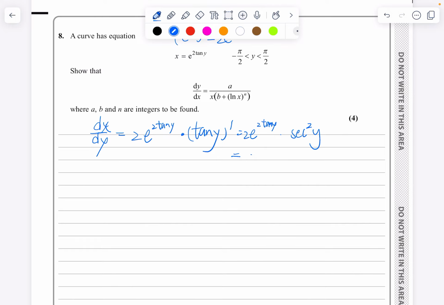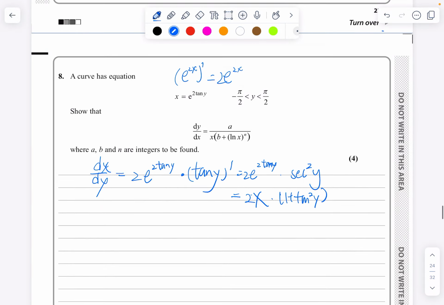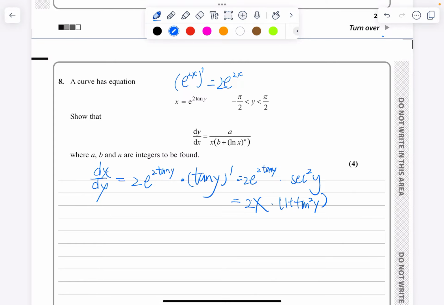Okay, so I can substitute this as x. Then for secant squared y, we know that secant squared equals 1 plus tangent squared. I think this can do something here, because we know that ln x equals ln e to the 2 tan y, right?